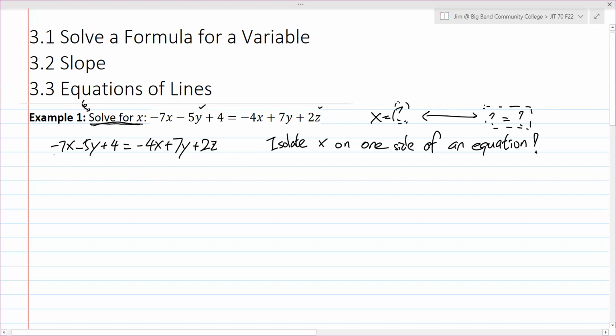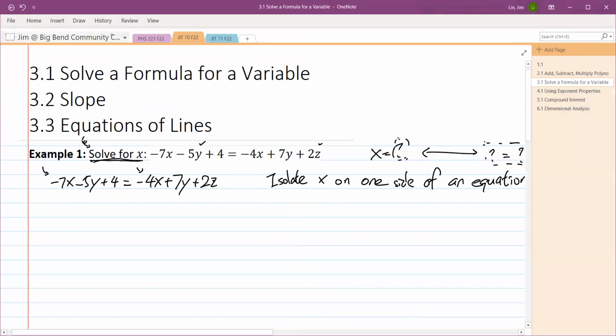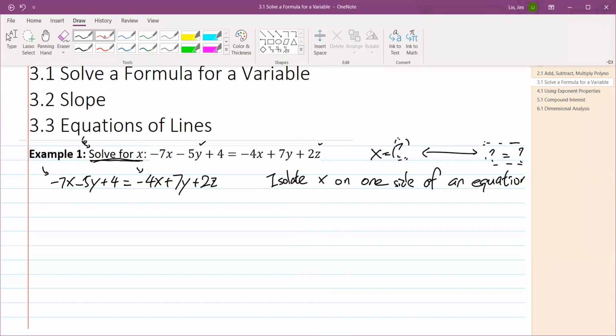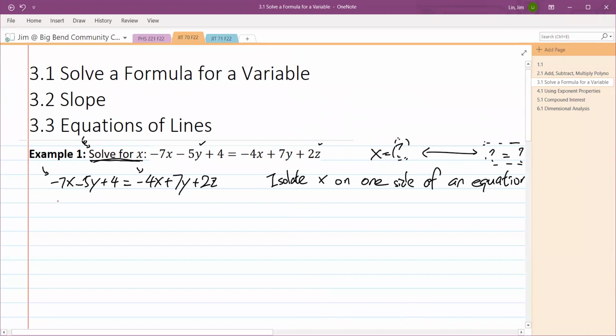So we have, for example, negative 7x and negative 4x on both sides at the beginning, right? So we want to make sure the x term disappears on one side. That's what we were doing. And one way to do that is to add or subtract something on the entire equation.